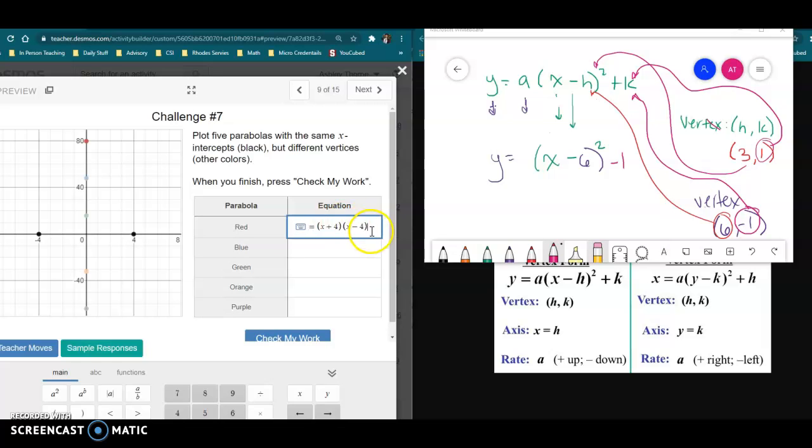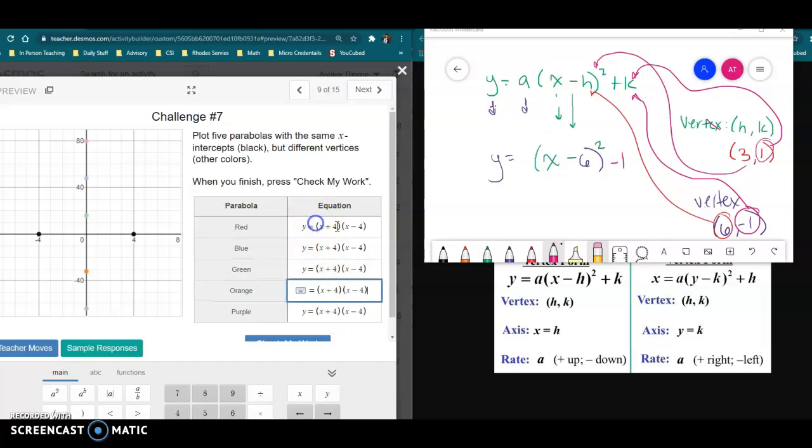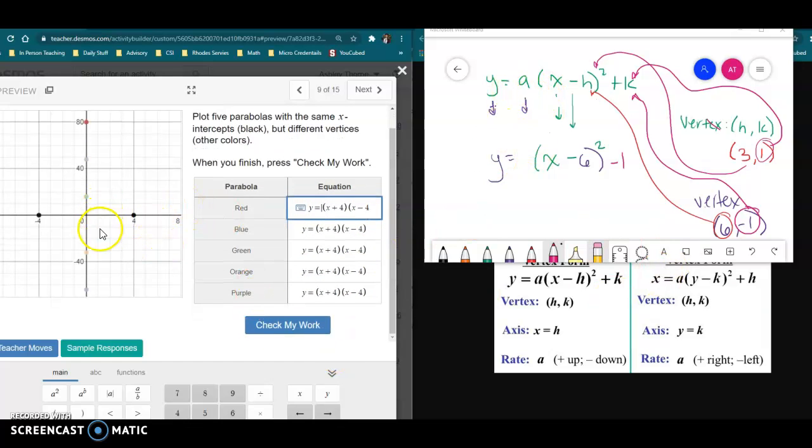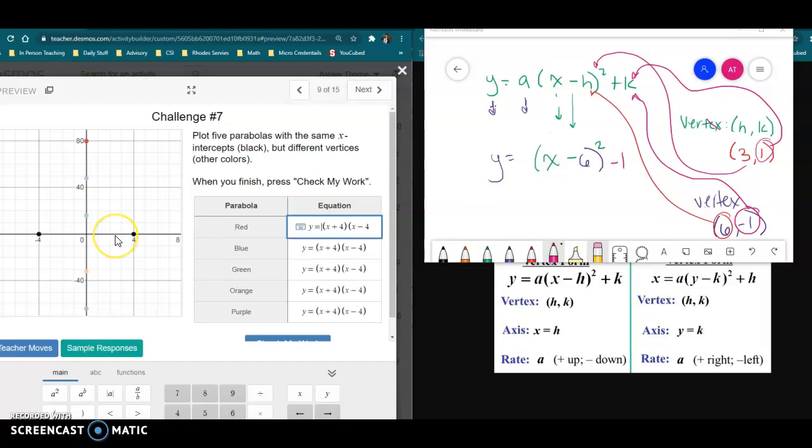So I can instantly copy all these down. Now I just need to figure out what my a is, or essentially what should go in front of those to make it true.